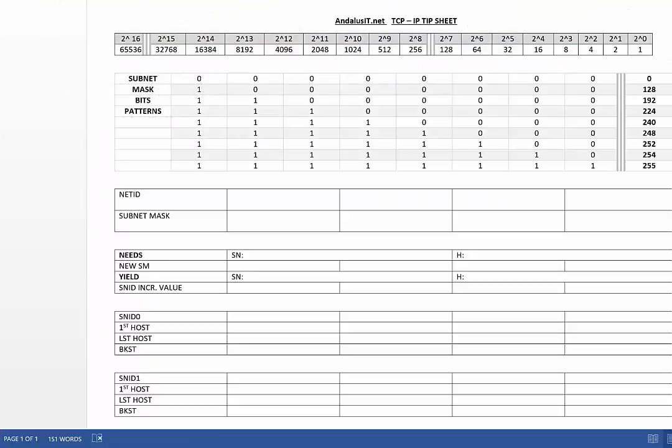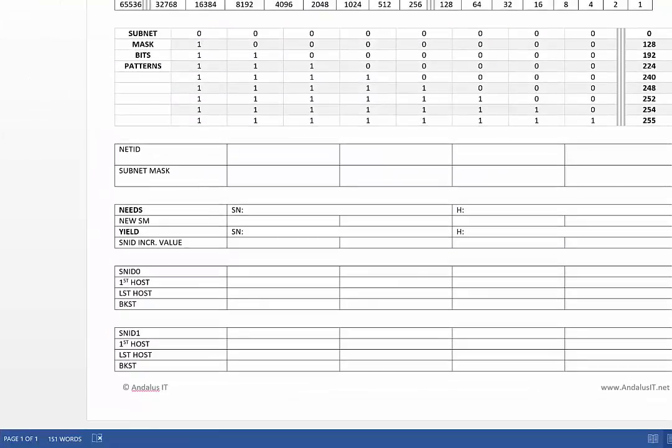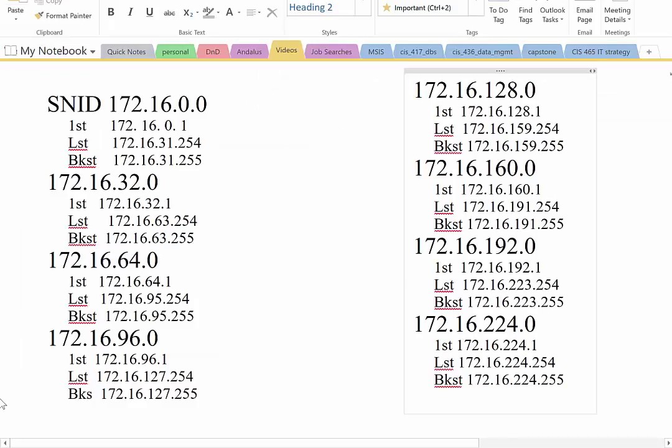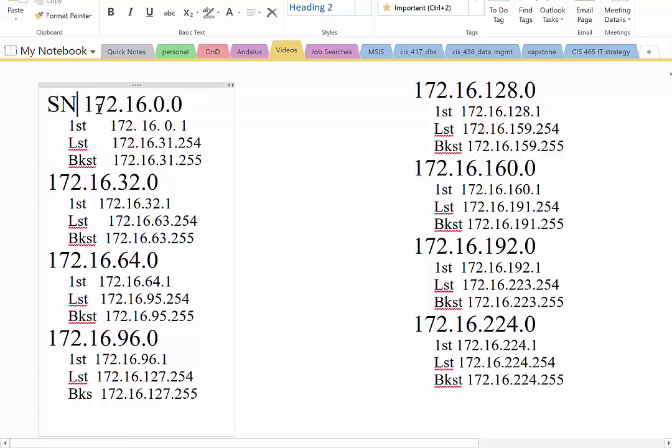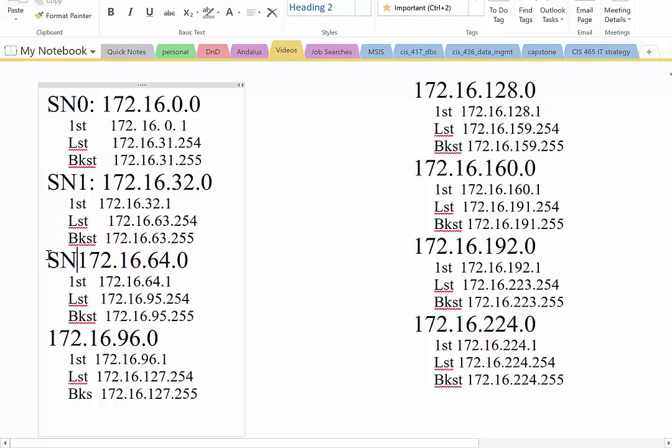Now on the TCP/IP cheat sheet, I give you spaces for this. Now, one thing we forgot is to label them. So this is subnet 0. This is subnet 1. All right, then we have subnet 2. Then we have subnet 3.